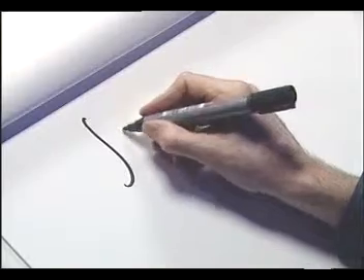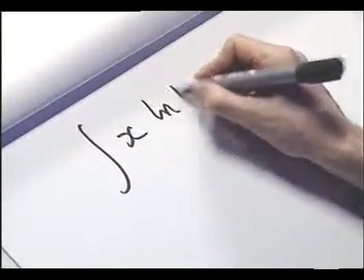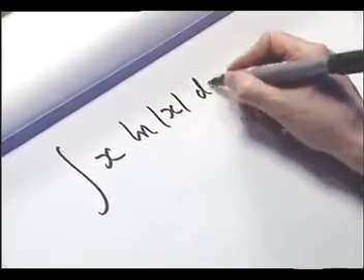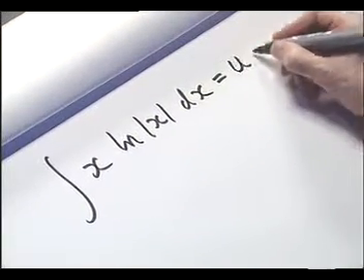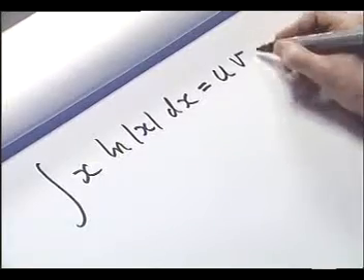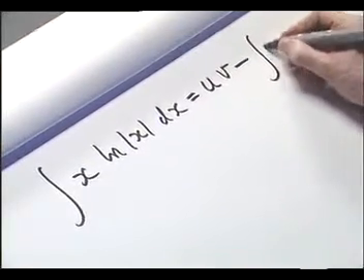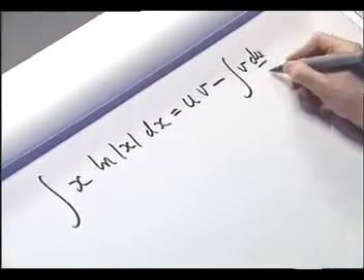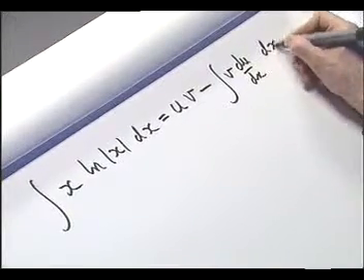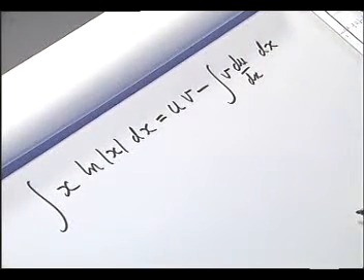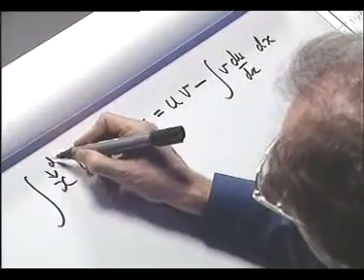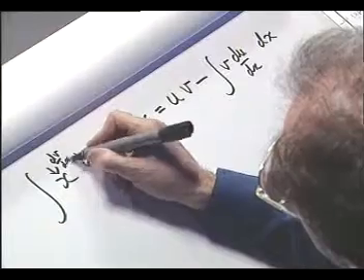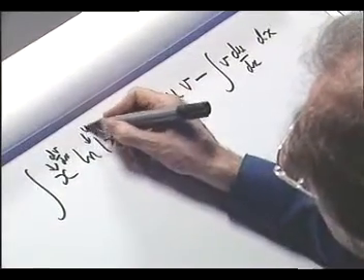So let's start this one off again. The integral of x log of x dx equals, our formula says this is uv minus the integral of v du by dx with respect to x. And we'll make the choice this time that this is dv by dx and this is u.